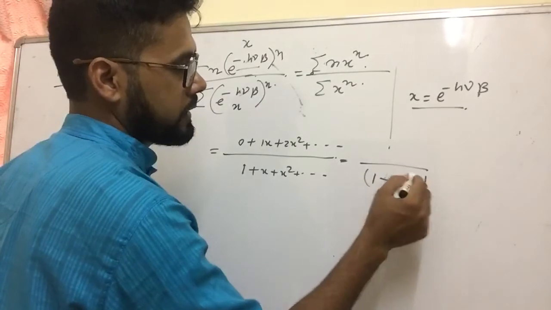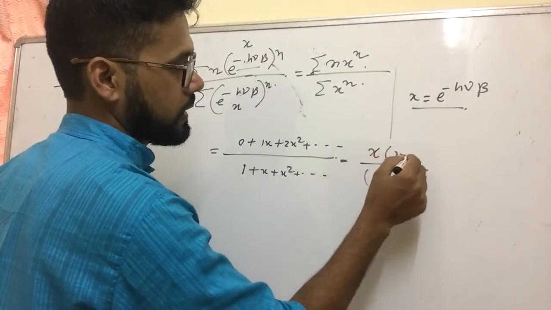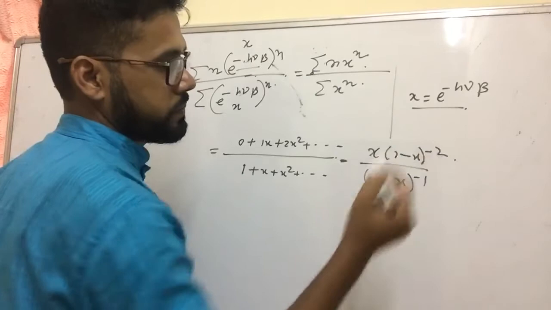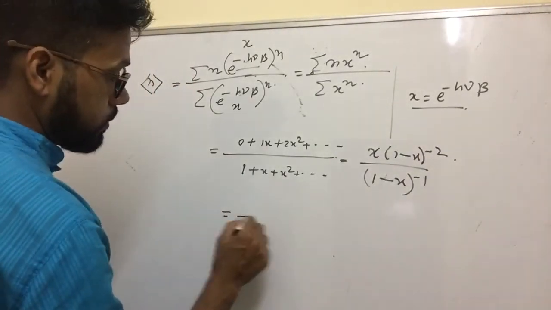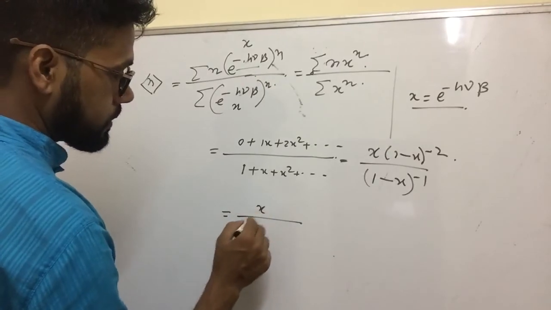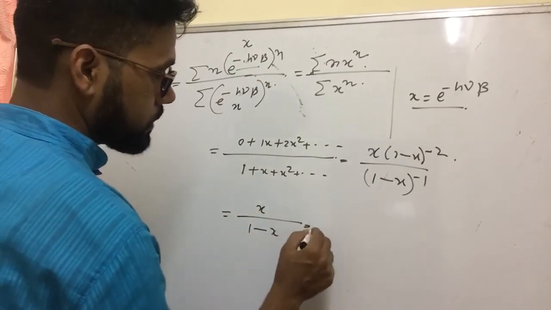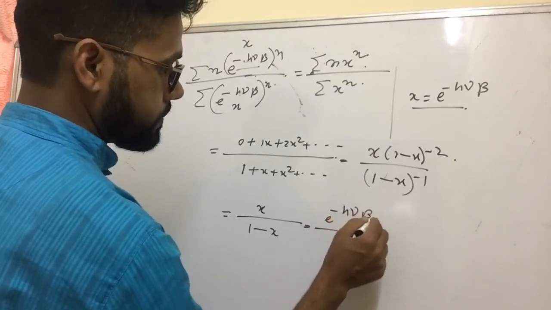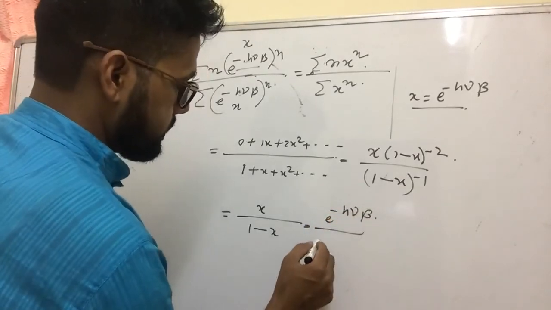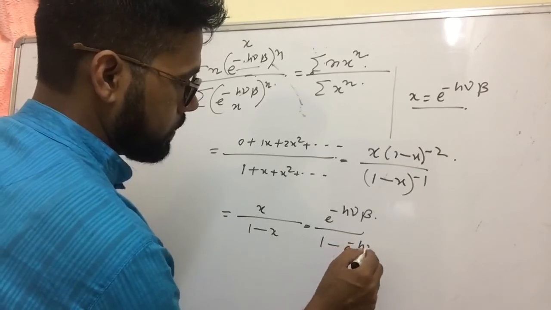If you remember, this is 1 minus x to the power minus 2, if you see the binomial series in higher secondary books. So finally what I am getting is x by 1 minus x. X means what? Put this value, e to the power minus h nu beta, so 1 minus e to the power minus h nu beta.